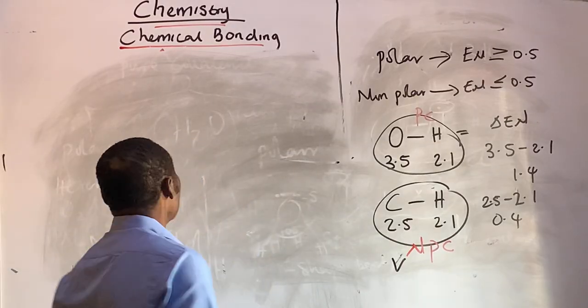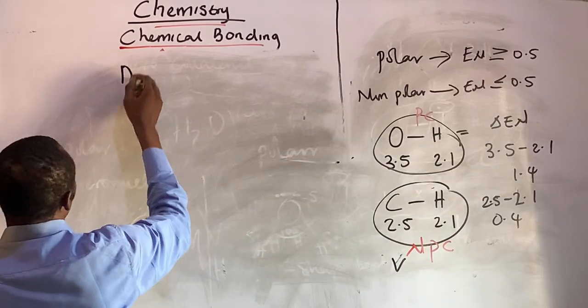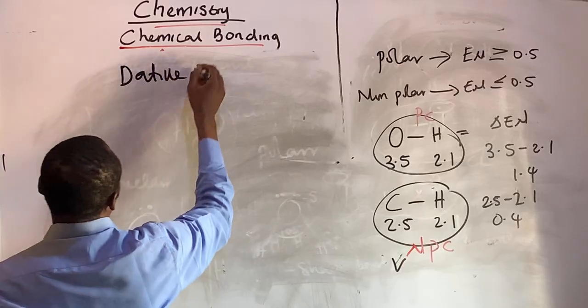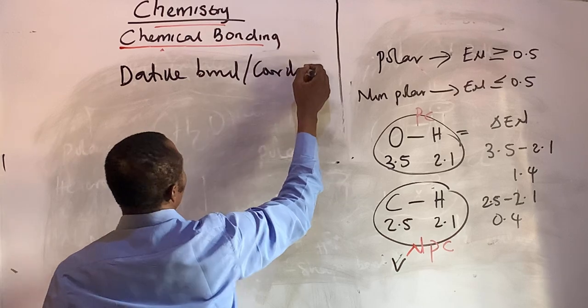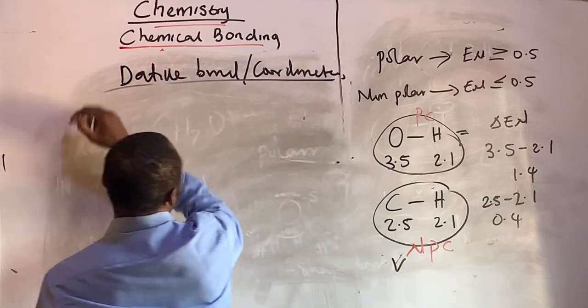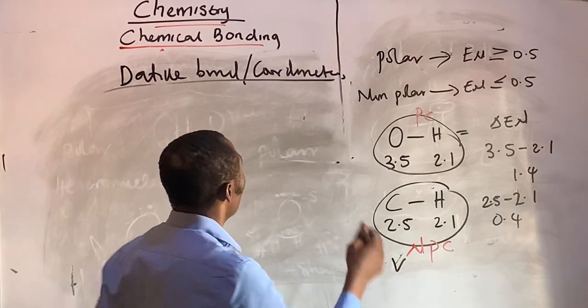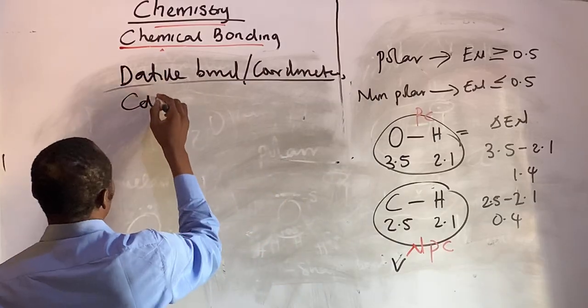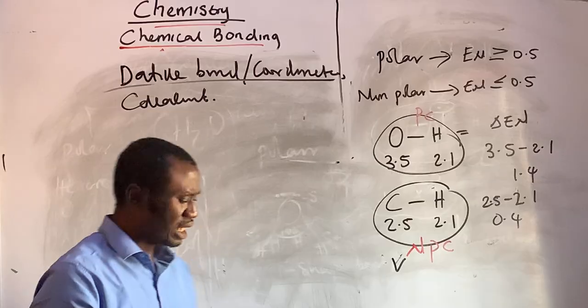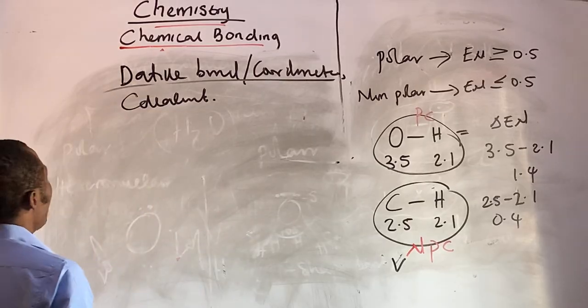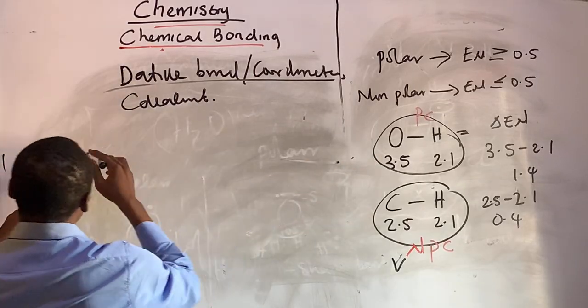All right, so now let's go to the dative bond, or the coordinate covalent bond. We have a lot of things to cover. For the dative bond, what's happening is that, picture that ammonia I showed you.